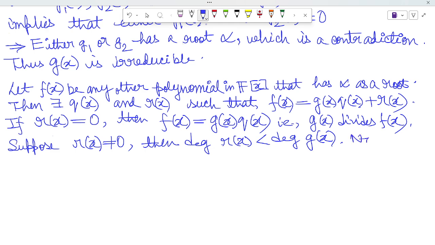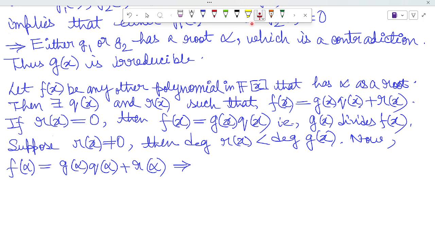Now, if we put alpha on both sides of this equation, f(alpha) equals g(alpha) q(alpha) plus r(alpha).